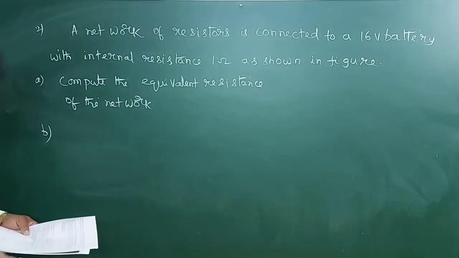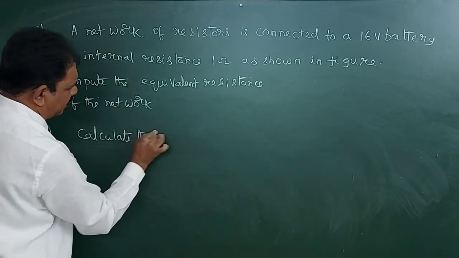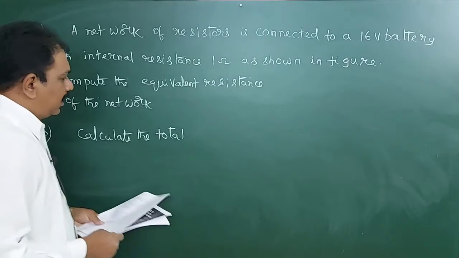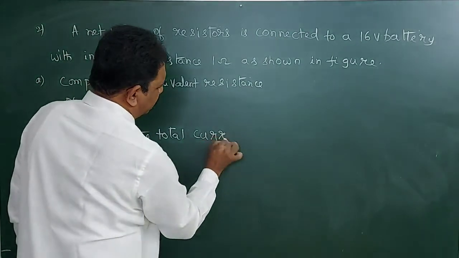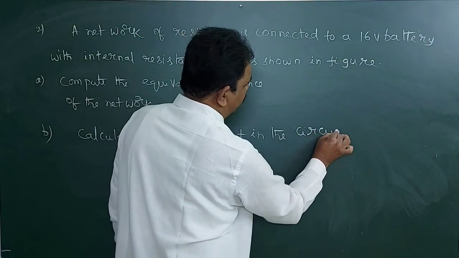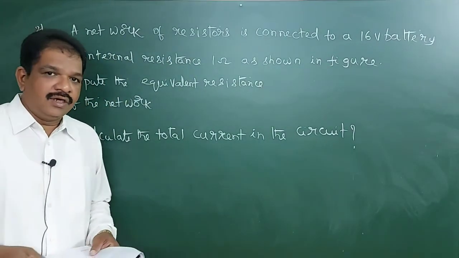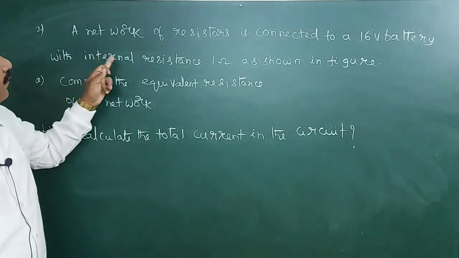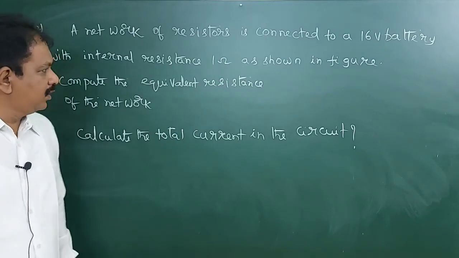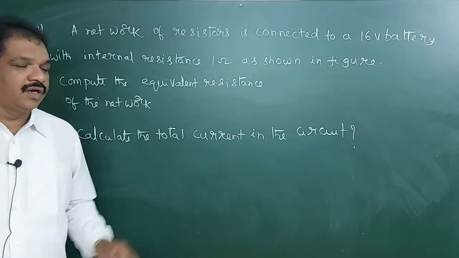B: Calculate the total current in the circuit. Simple question only, easily we can answer. This is June 2019. A network of resistors is connected to a 16 volt battery with internal resistance 1 ohm as shown in the figure. Compute the equivalent resistance of the network. Calculate the total current in the circuit.